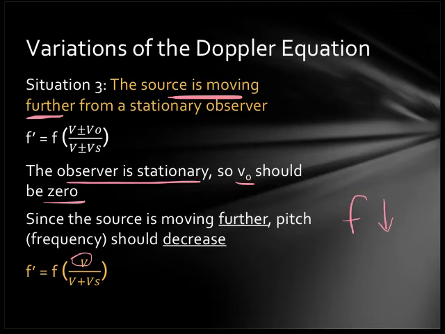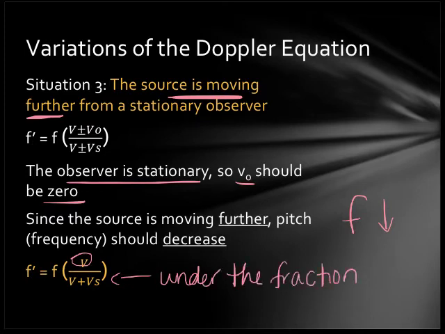Alright? So this time, because the velocity of the source is under the fraction, adding the velocity actually decreases the frequency. Okay? Because if you divide by a bigger number, that makes the number smaller. So this time, if it's the source moving further away, you have to add it. If it's the observer moving away, you have to subtract it.